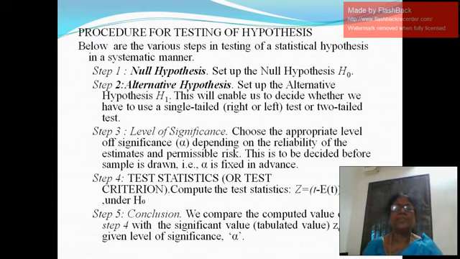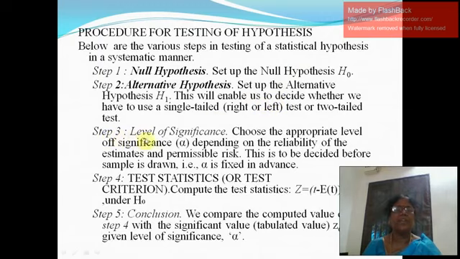Step 2. Alternative hypothesis is the opposite of the null hypothesis, or the alternate for the null hypothesis. This will enable us to decide whether we have to use a single tail test or two tail test.